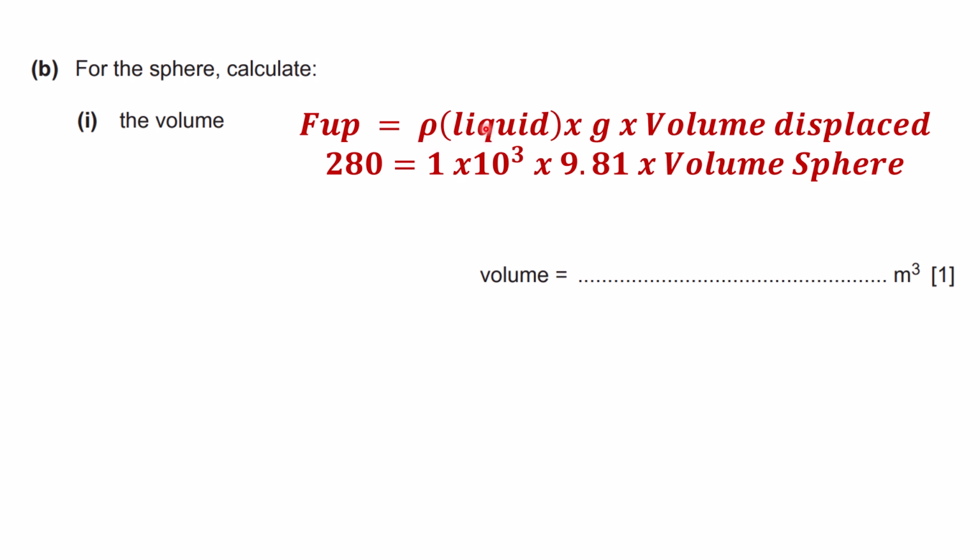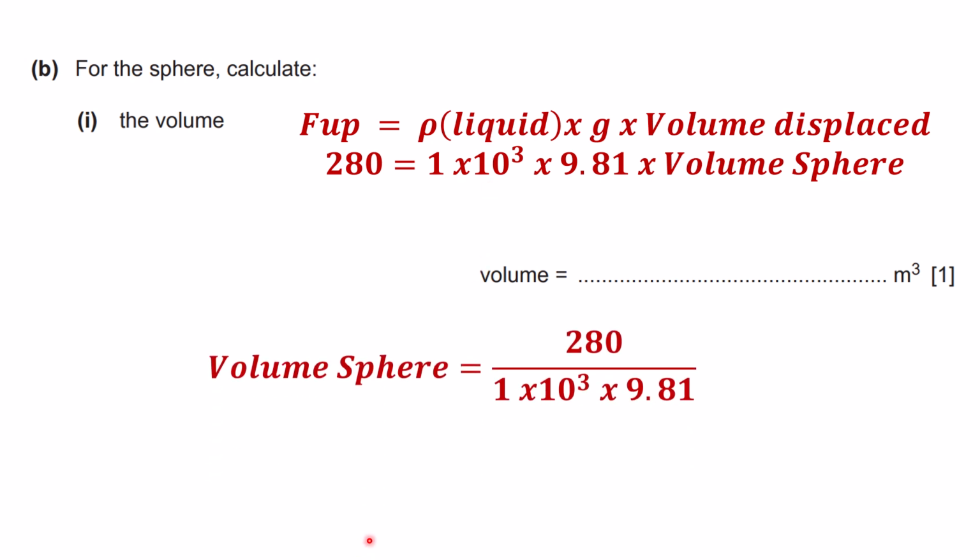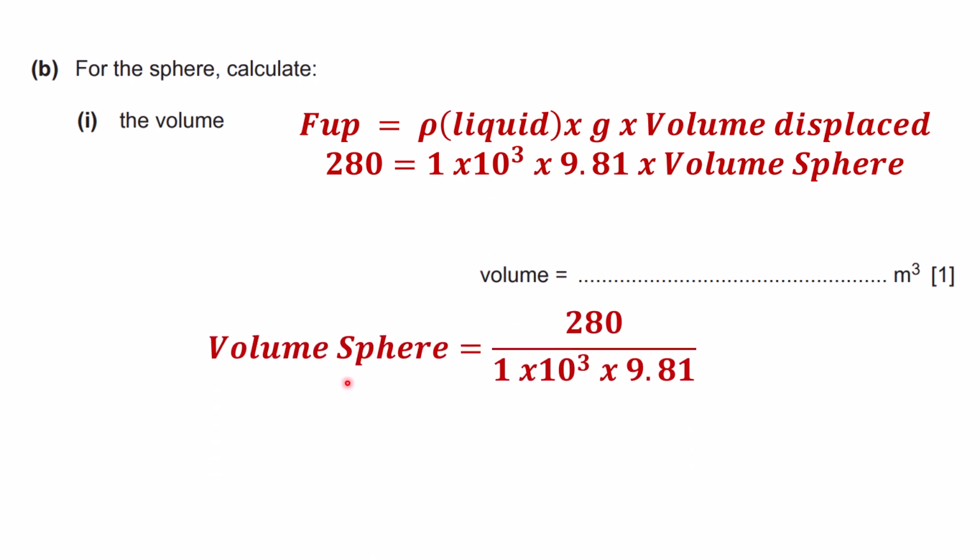It's the density of the fluid in which the object is submerged. Now we are going to rearrange this in terms of the volume of the sphere, which is 280 divided by 1 times 10 to the 3 times the acceleration of gravity, and that's the volume of the sphere, 0.03.